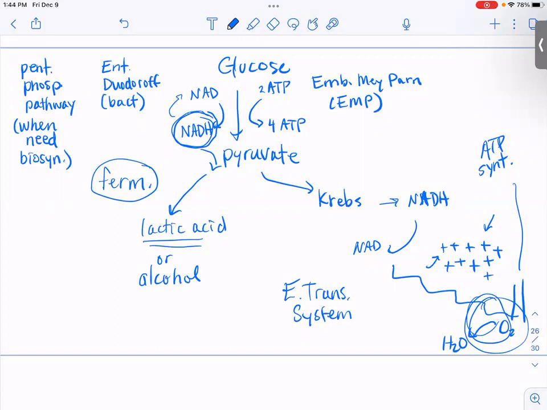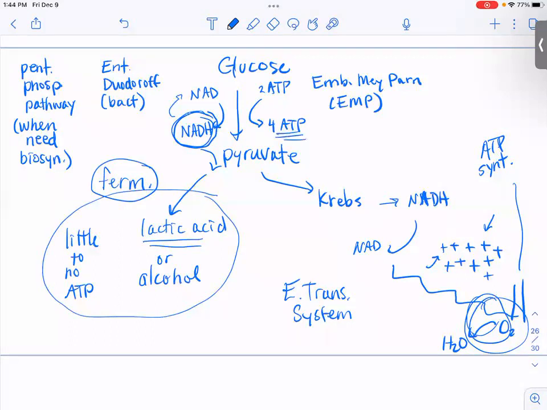And there's little to no additional ATP in any kind of fermentative pathway in addition to glycolysis. You could consider glycolysis as part of the fermentation pathway, but at least the organism still gets a few ATPs from glycolysis. That's my big spew on metabolism. Any other questions there?